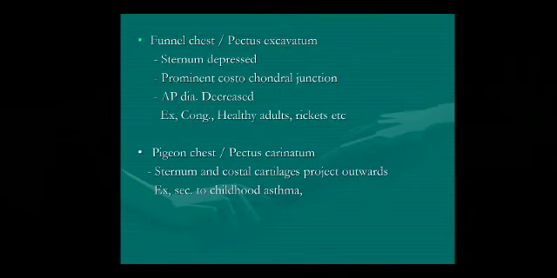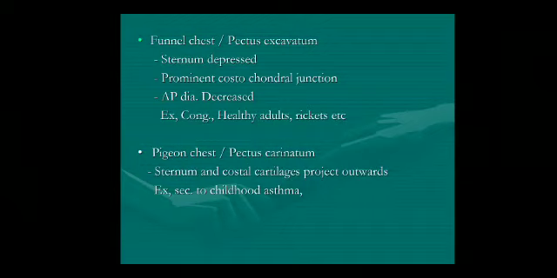And then the funnel chest. In funnel shaped chest, the features are depression at the lower end of the sternum, prominent costochondral junction and diminished anteroposterior diameter of the chest.